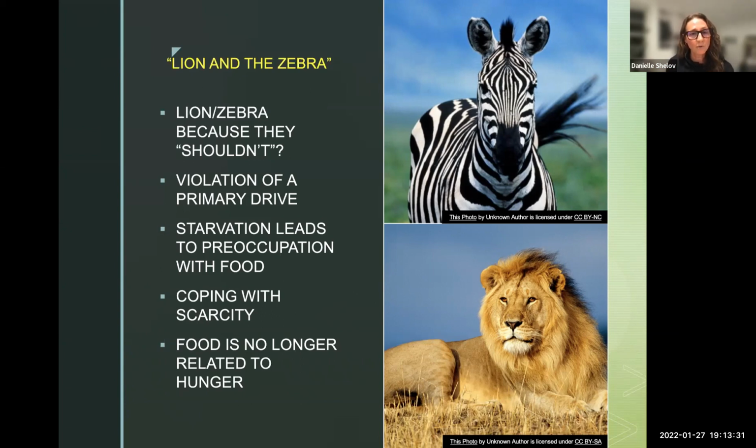But if we don't do that, then it tricks our minds into believing that we are in a time of famine. And if we believe that we're not eating because food's not around, then we will no longer eat when we're hungry. We will wait to eat until we're absolutely starving, right? So our hunger and fullness gets totally dysregulated.